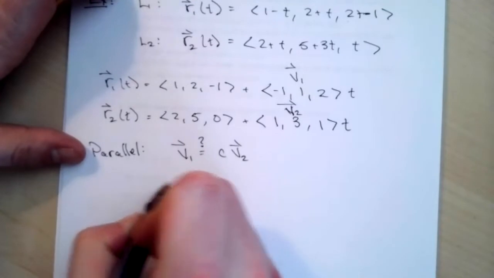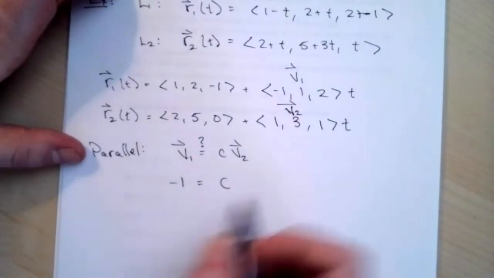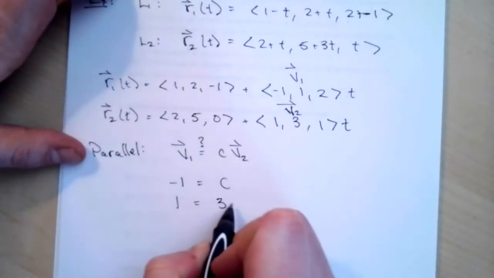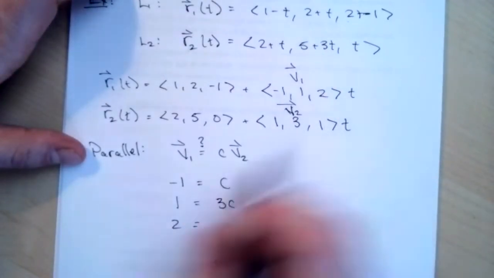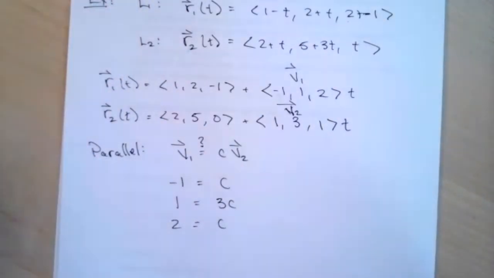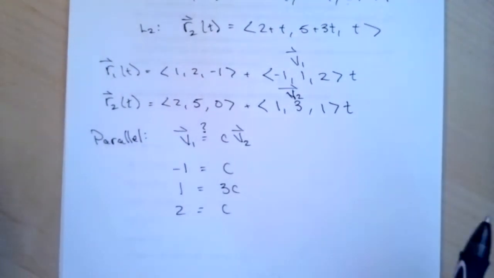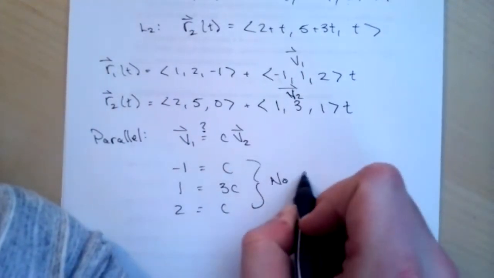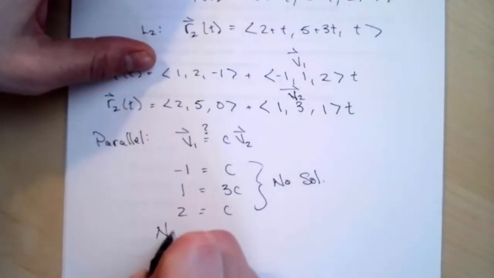Minus 1 has to equal C, 1 has to equal 3 times C, and 2 has to equal C as well. So we get a contradiction, that C has to be 3 different numbers. No solution means that they are not parallel.